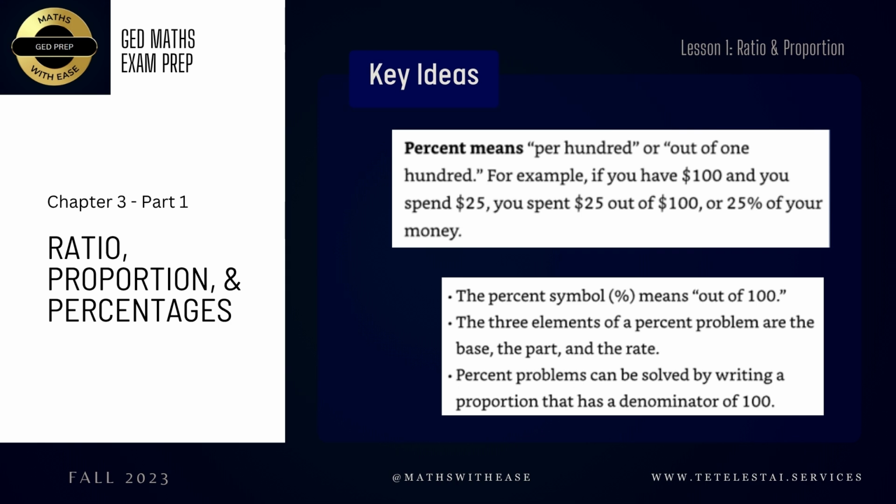And then percentage problems can be solved by writing a proportion that has a denominator out of 100. So in other words, your denominator for percentage problems will always be out of 100.